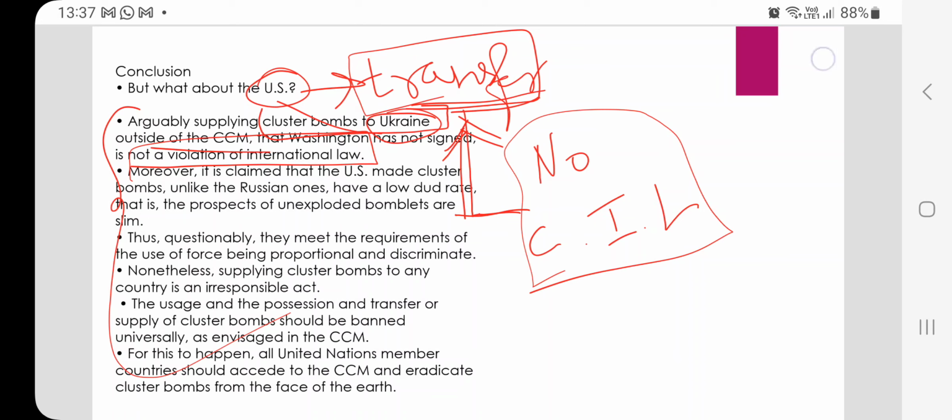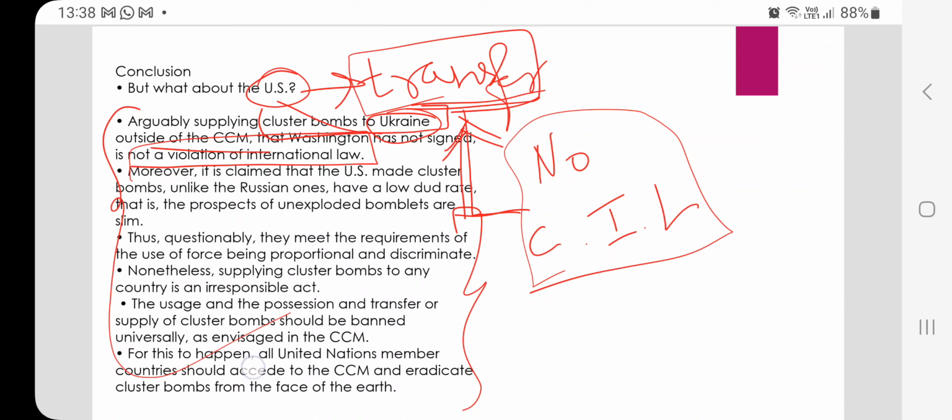So technically speaking, the US is not violating any international law, but the writer says this is not an excuse to show such irresponsible behavior. He is saying any force that is used should be proportional and discriminate. The use of military force should be against combatants, not against civilians.